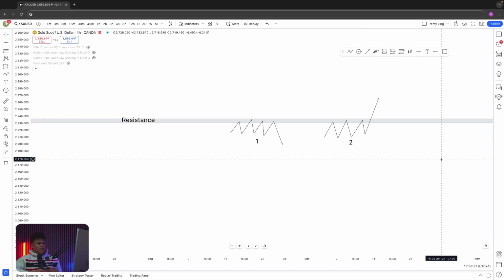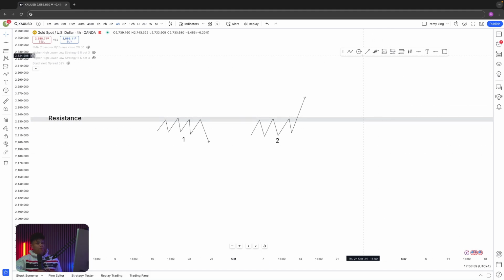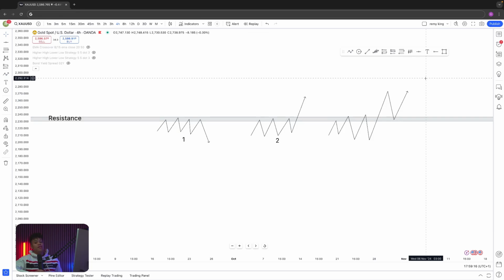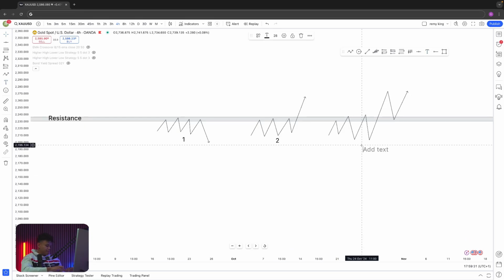Then we have our third example, where price rejects off of our resistance area multiple times, then breaks through like in the second example and decides to retest our market structure, and then goes to the upside, which means this resistance area is being used as a support area, which I'm going to show you after this example. So our number 3 is going to be right here.